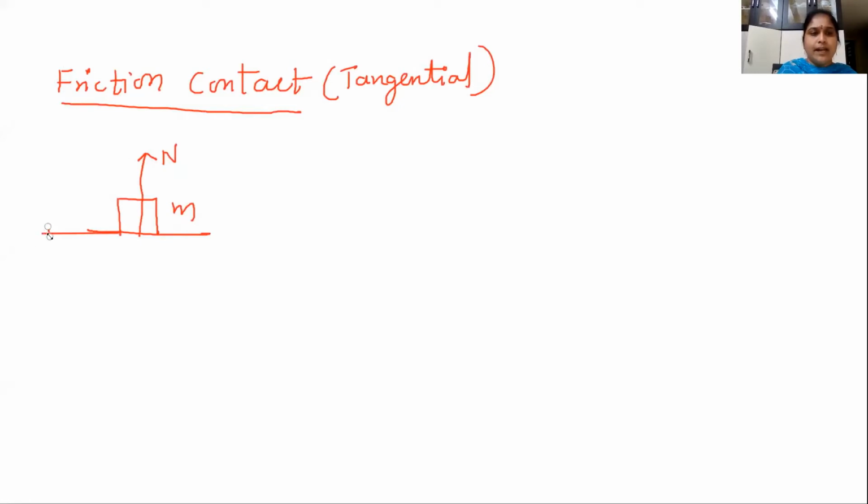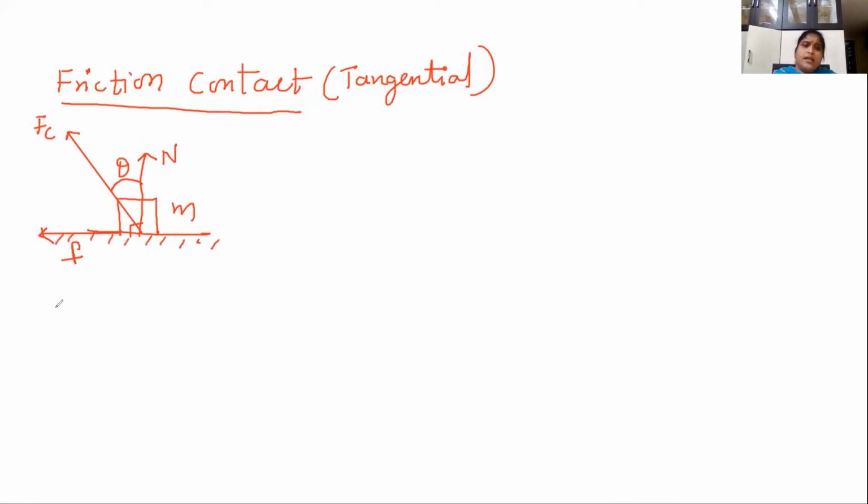That force is called frictional force. They are mutually perpendicular. But there will be a contact force Fc acting like this, and let the angle made be some theta.